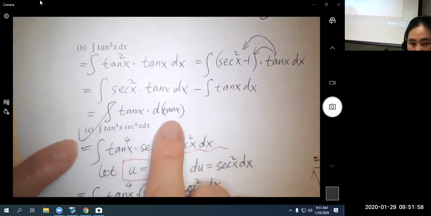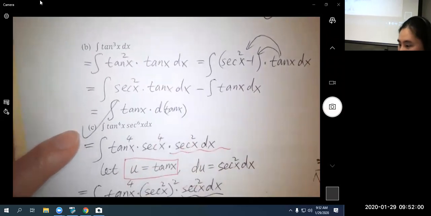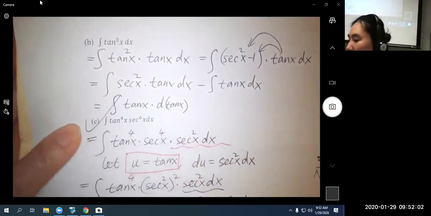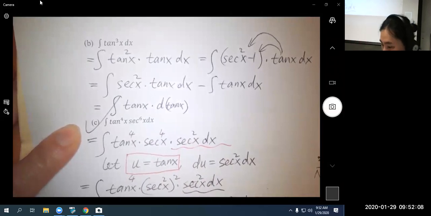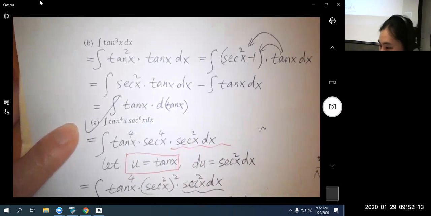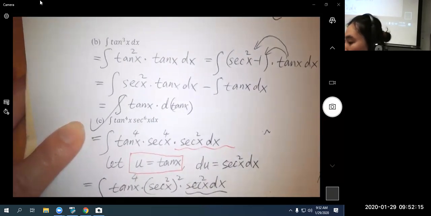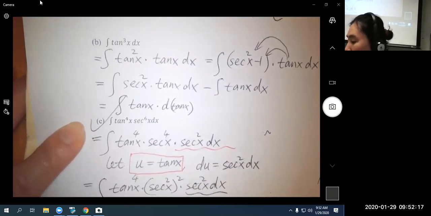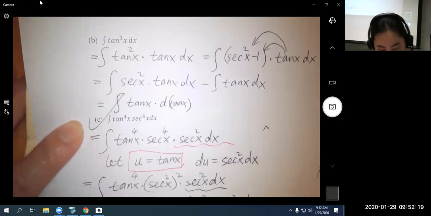What do you think? What is the derivative of secant? Okay, never mind.